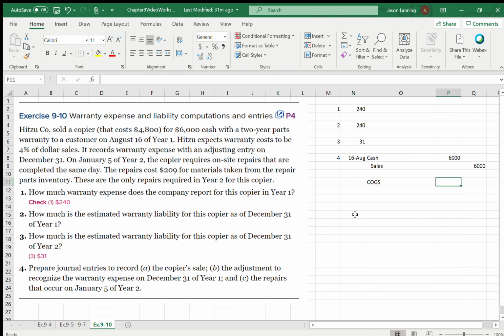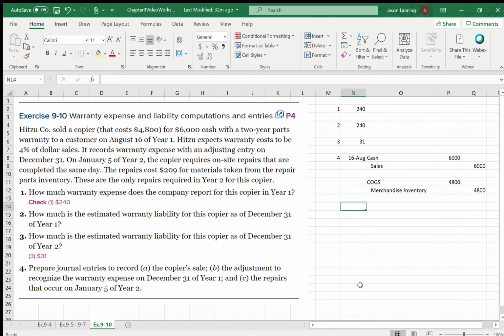They tell us that it's $4,800. We would also, remember, credit this to merchandise inventory, $4,800. Okay, so there's the sales side and the inventory side on August 16th. So that's the copier sale.